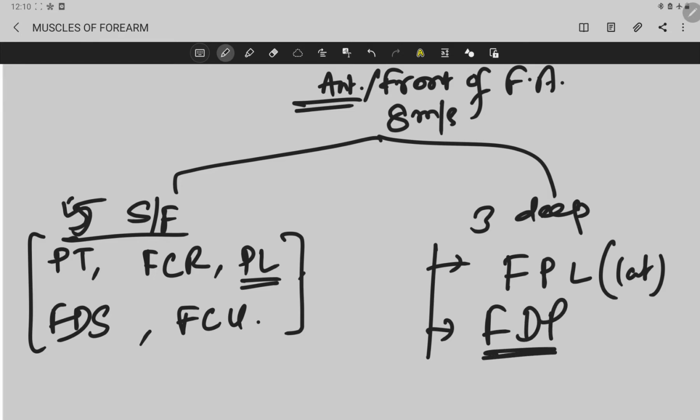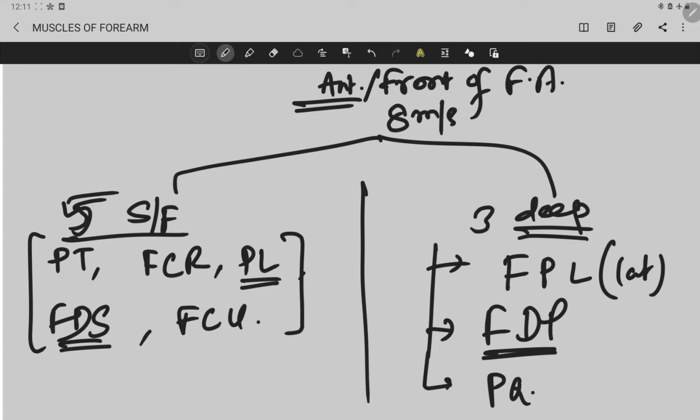In the superficial group you can see the flexor digitorum superficialis, and in the deep group the flexor digitorum profundus, causing the flexion of the digits. And the last one is your triangular pronator quadratus muscle. This is the basic arrangement. Now let's talk about the details of those muscles.